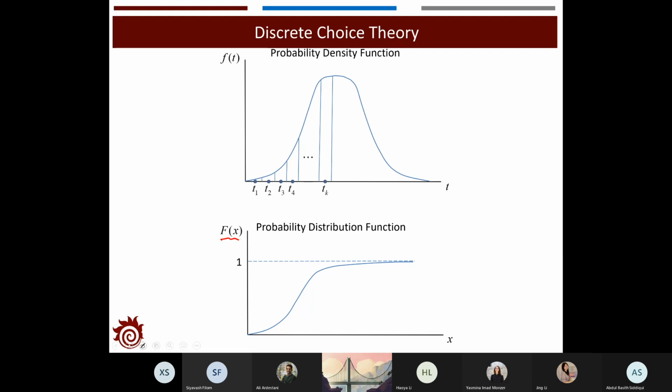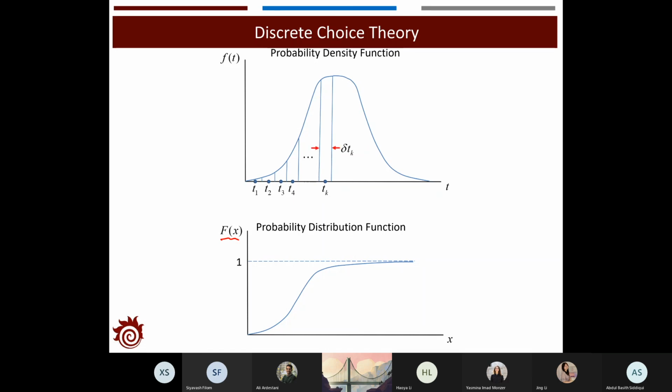We know the center of each cell is at T1, T2, T3, T4, and so on up to Tk and infinity.